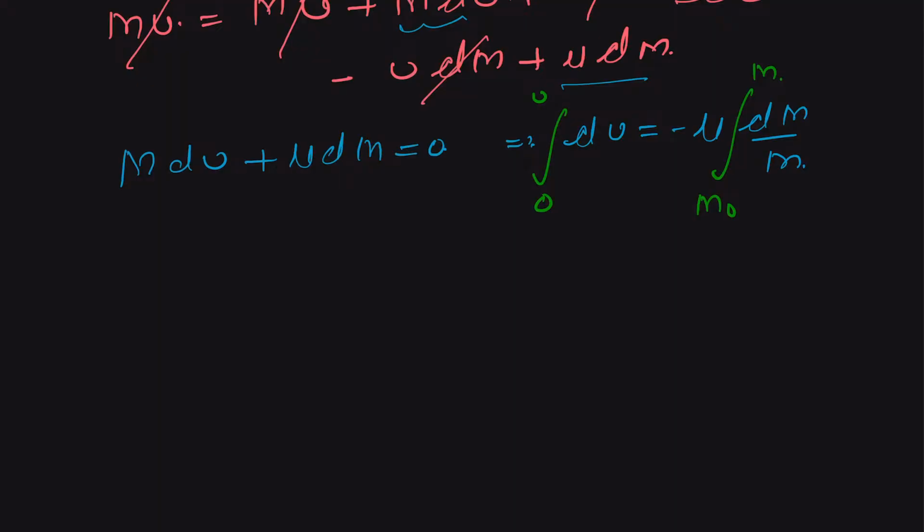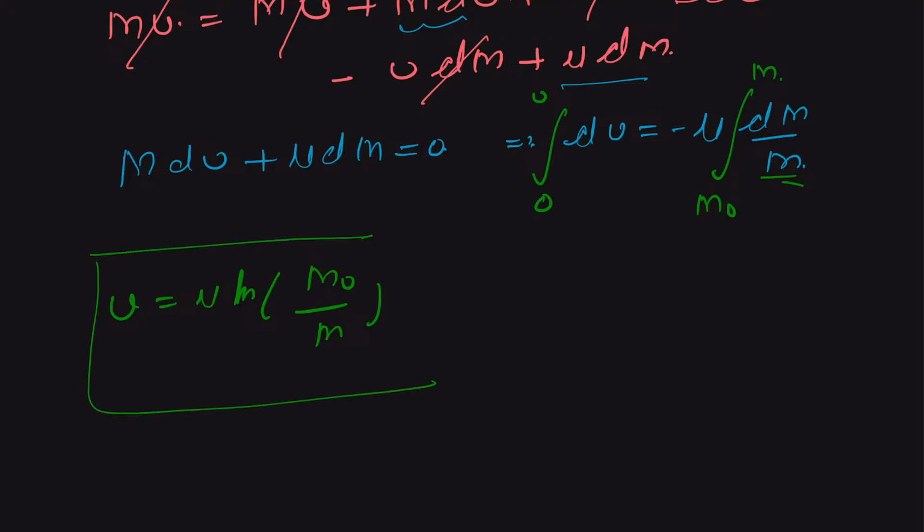And the integral of 1 upon M will be natural log of M. Therefore from here we can write that v is equal to u natural log of our m naught upon M. So this formula, if you know, you can just directly use it. And sometimes it is also called the rocket velocity derived from first principles.